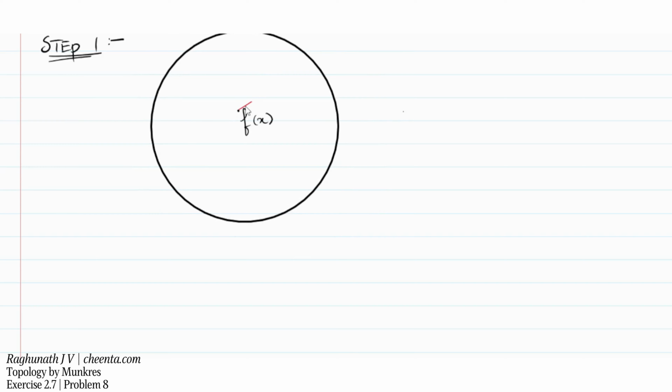Let's say that this radius is epsilon by 2, since xn converges to x. And we know that fn converges uniformly to F. So F will also be continuous.